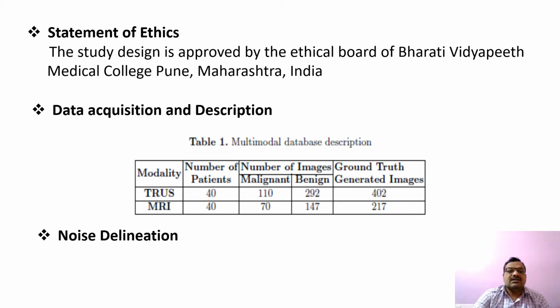The next point is data acquisition and description. So these are the figures. This is the number of images. The axial T2 weighted magnetic resonance images were acquired using a 1.5 Tesla machine, and the image size obtained is 512 by 512 pixels.